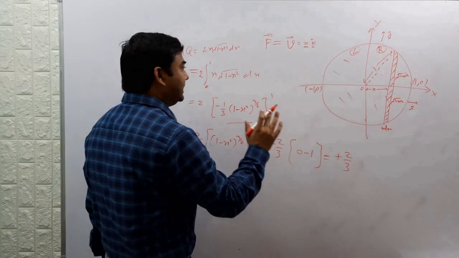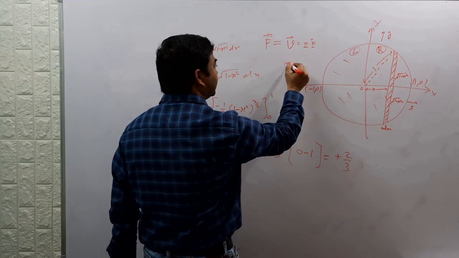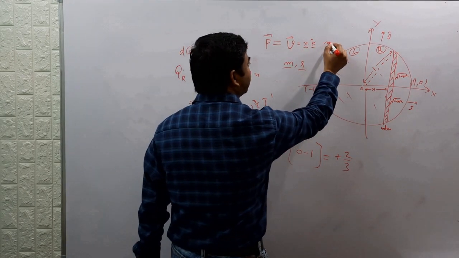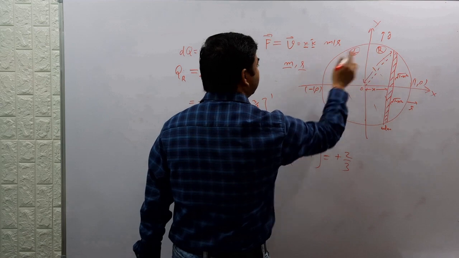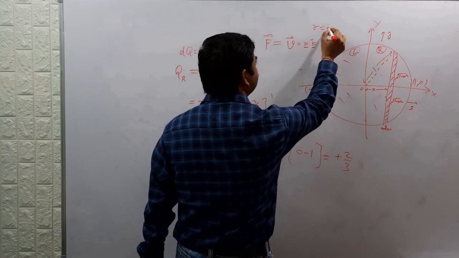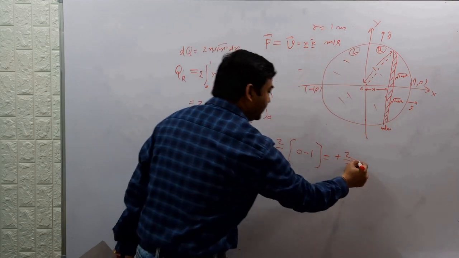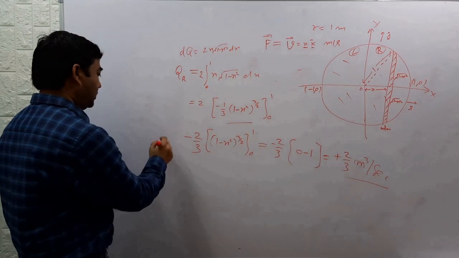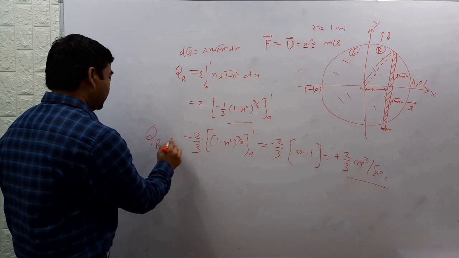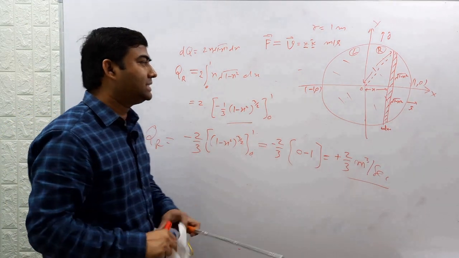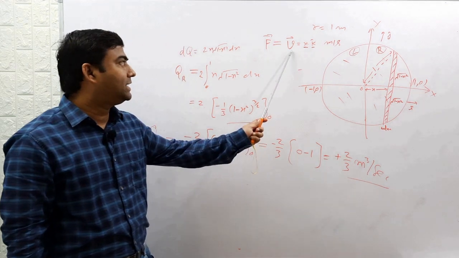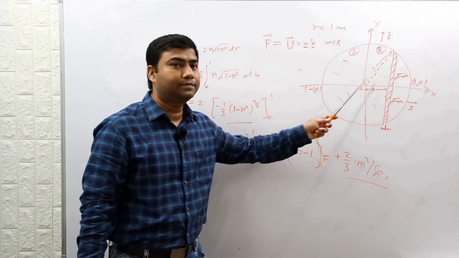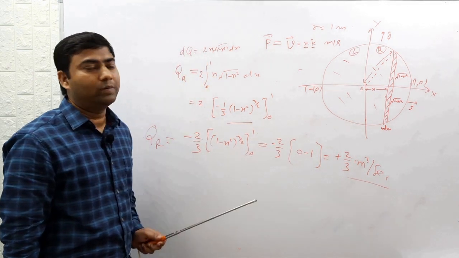So if the dimension is in meter and second, this velocity is in meter per second and the radius is 1 meter, then this will be meter cube per second. That is flow, QR. Flow through the right half, or we can say flux of vector field V for the right half, will be plus 2 by 3.